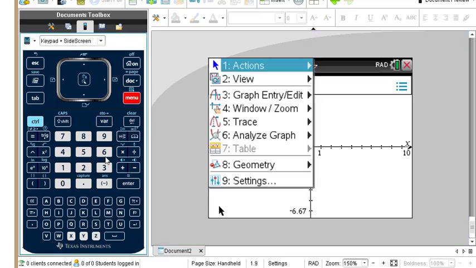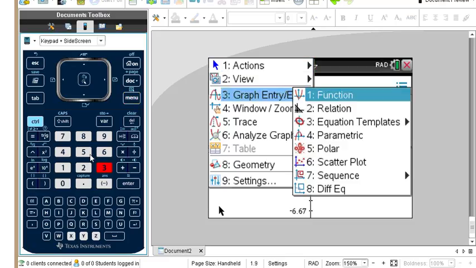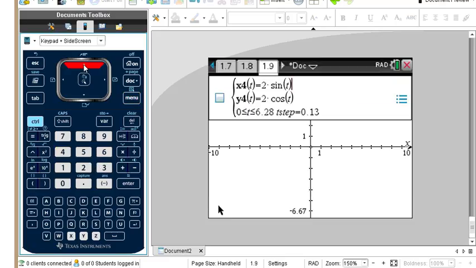Okay, menu 3, 4, go up here. I'm going to go from 0 to 3 pi over 2. So 3 times pi, and we're going to divide by 2.